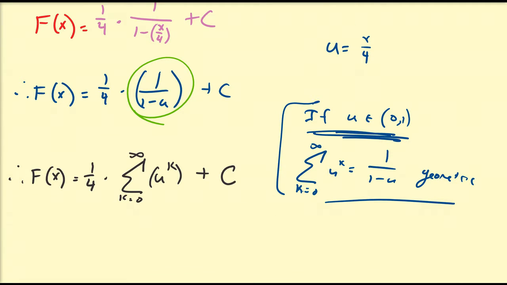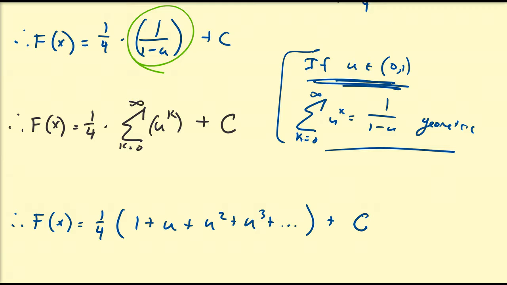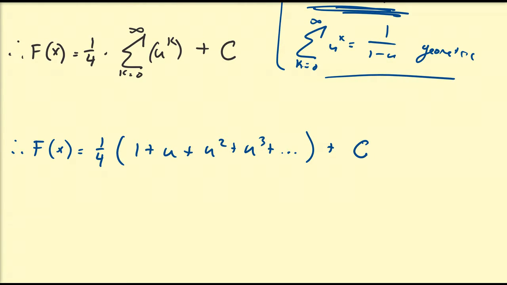So what is u? Well, let's look at this in a little more useful context. This is the same thing as writing F of x is equal to 1/4 times 1 plus u plus u squared plus u cubed plus and so on, plus some arbitrary constant c. Now I'm going to figure out what is the relationship between this function and little f.